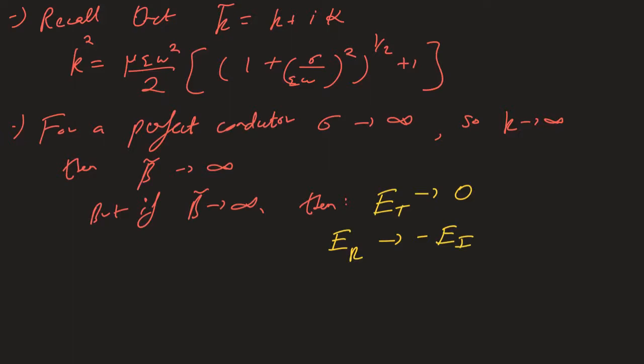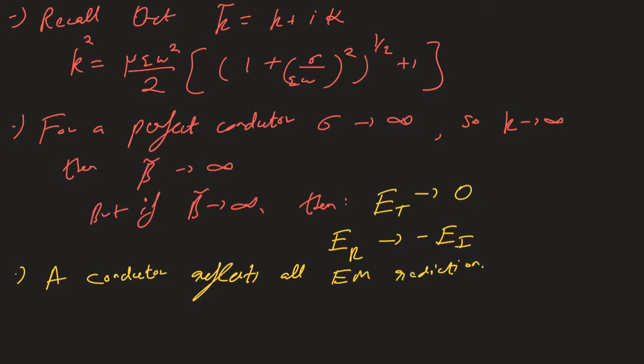This is very interesting, because what this implies is that an ideal conductor reflects all electromagnetic radiation. And it doesn't just reflect it, it reflects it with a 180 degrees phase difference.